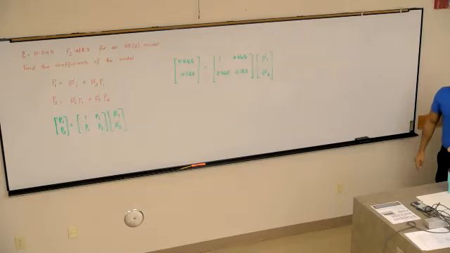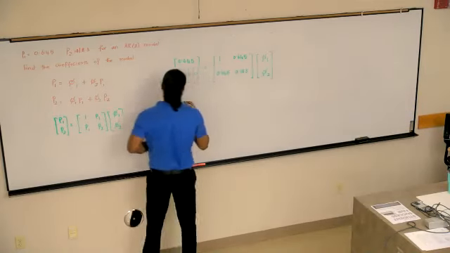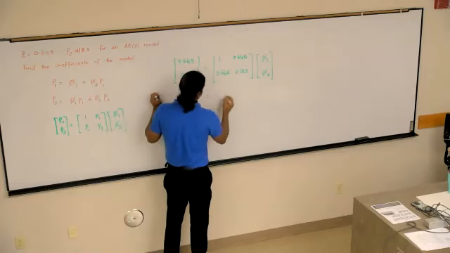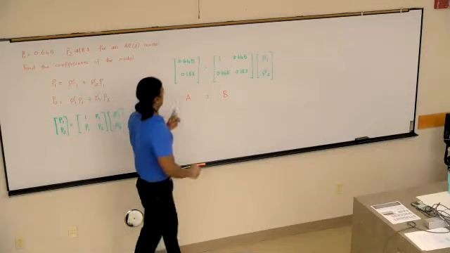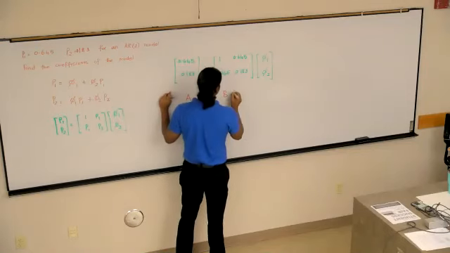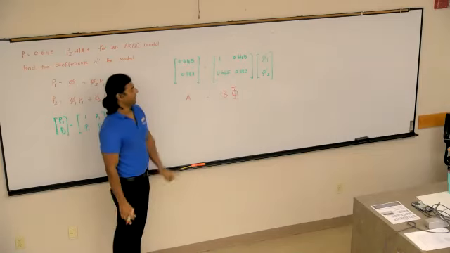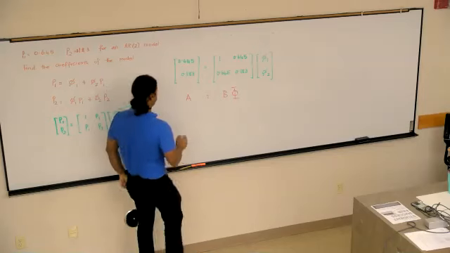So if I call this A, and that B, A equals B multiplied by phi. I can solve for phi if I multiply by the inverse.